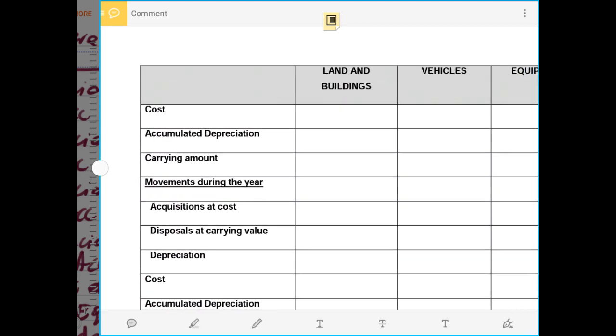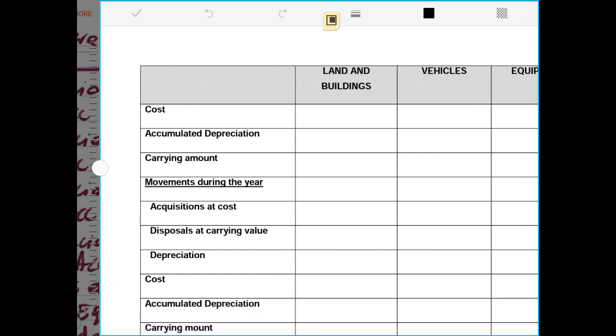Remember, we start with the land, and we were told that the cost of the land was 100,000 rands, and they told us that land does not depreciate, so now it remains the same 100,000 rands. There was no purchase of land during the year, there was no disposal, there was no depreciation.